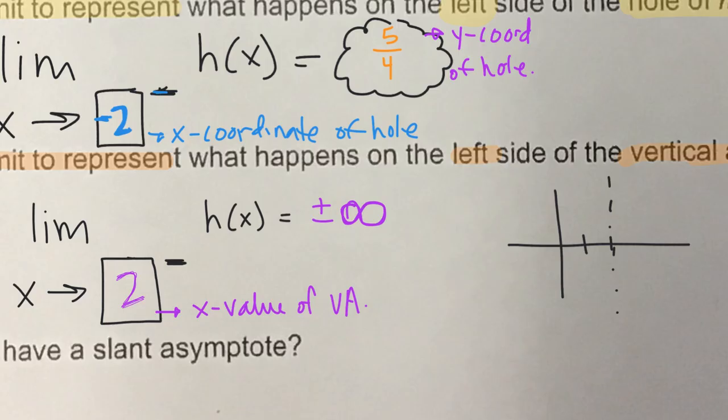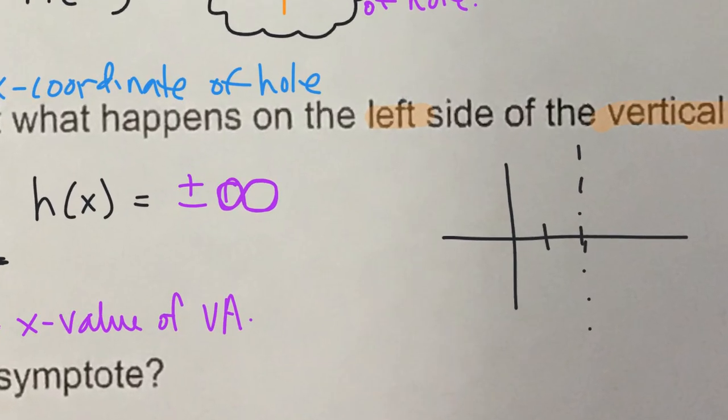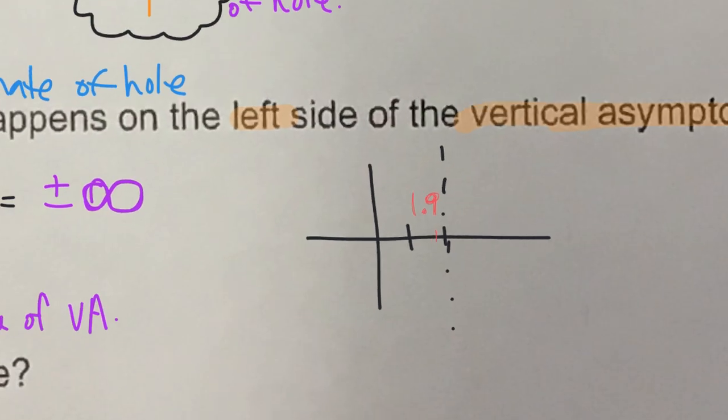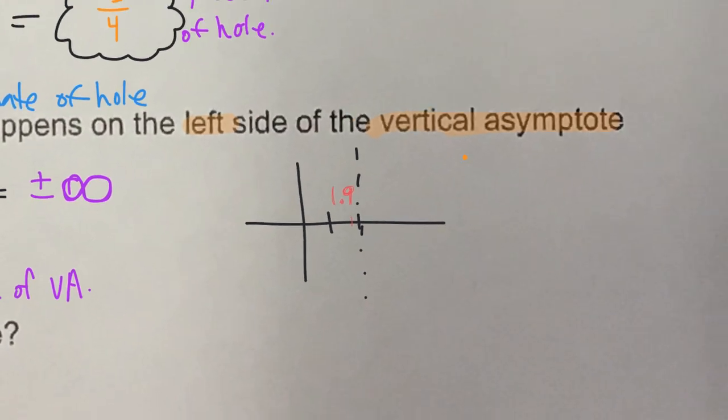So pick a number a little bit to the left of positive 2, like 1.9. Really, really close to 2, but not 2. We pick a number close to 2, and you plug it into your equation. So our equation was x minus 3 over x minus 2.